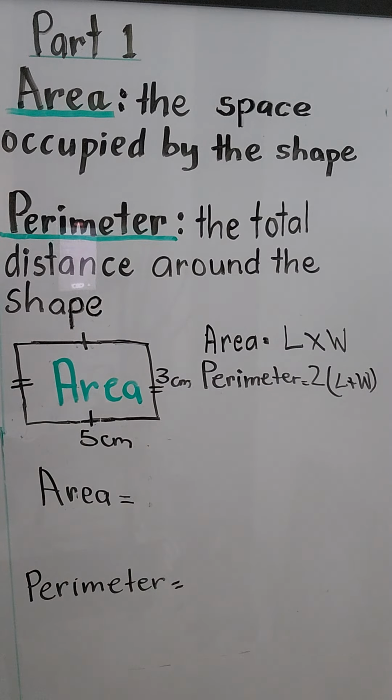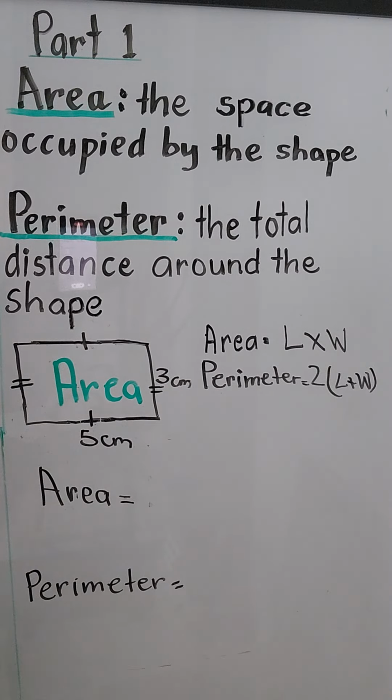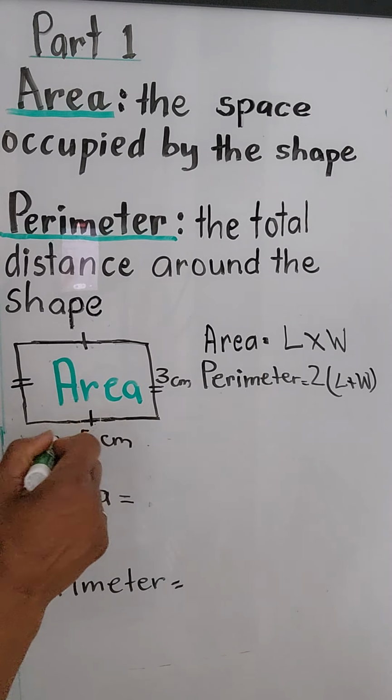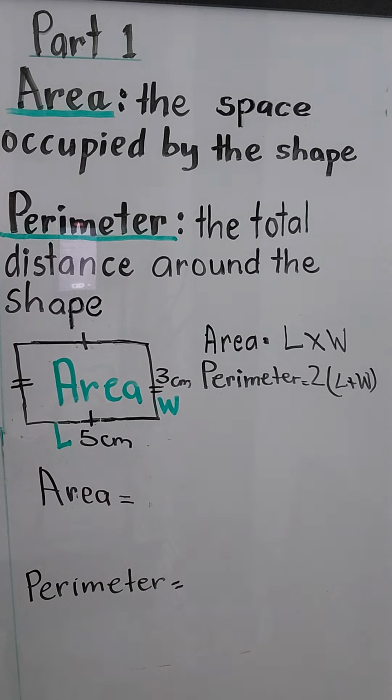To find the area of a rectangle, we multiply the length by the width. This is the length, L, and this is W. So we multiply the length by the width. So let's go ahead and do that.